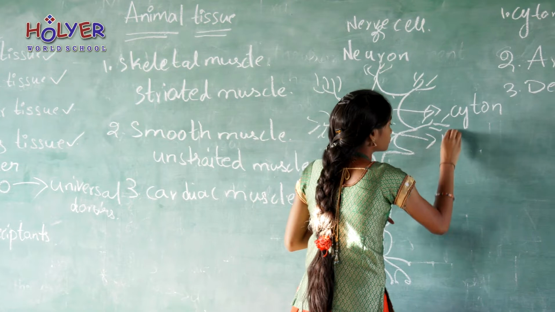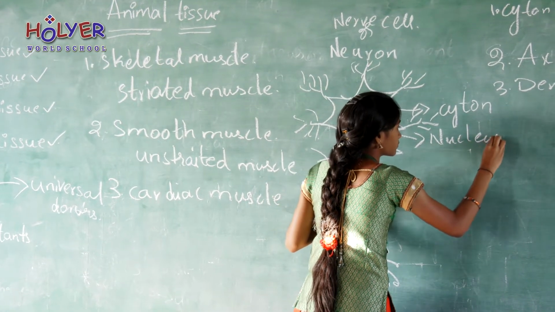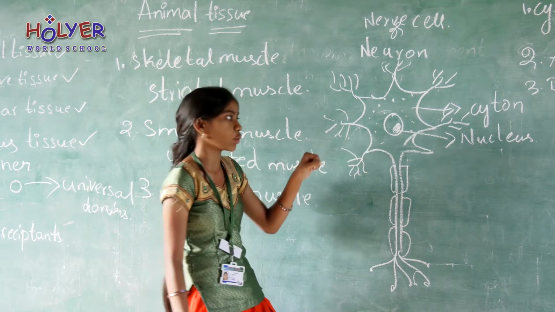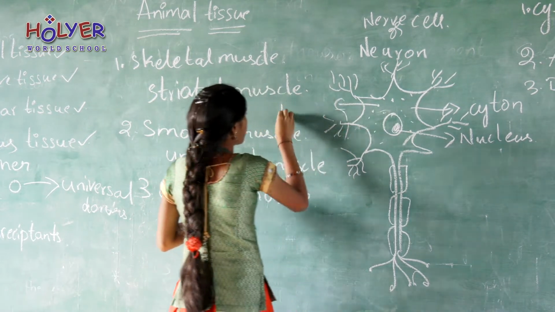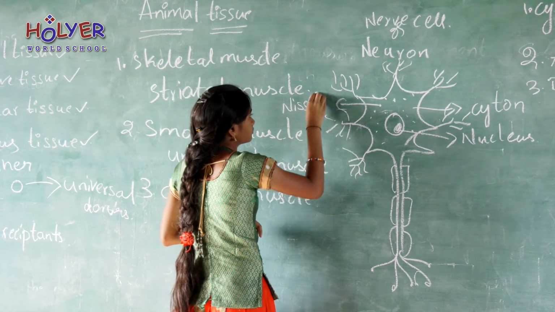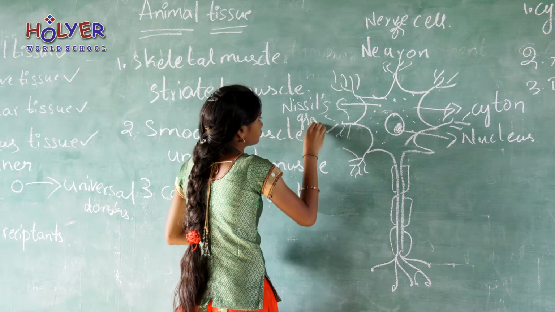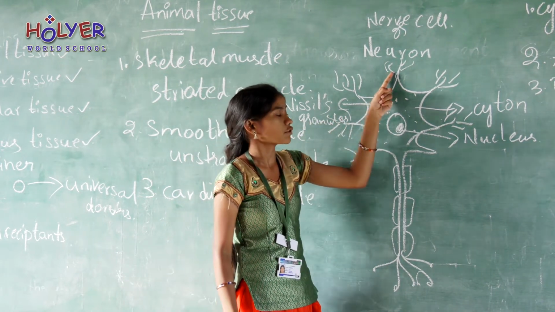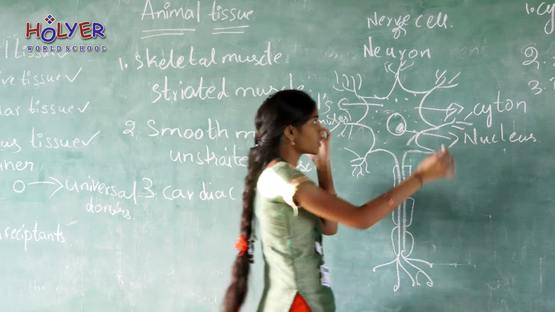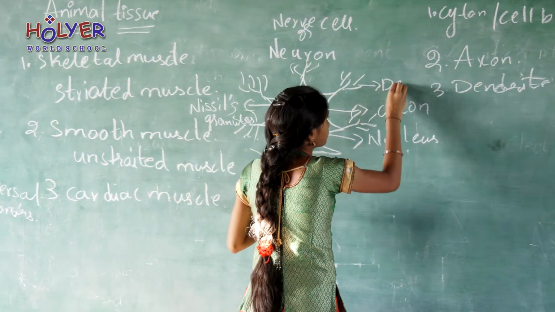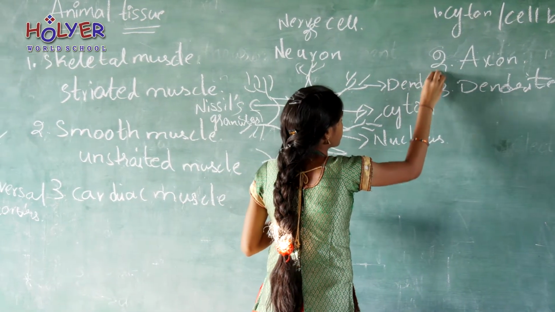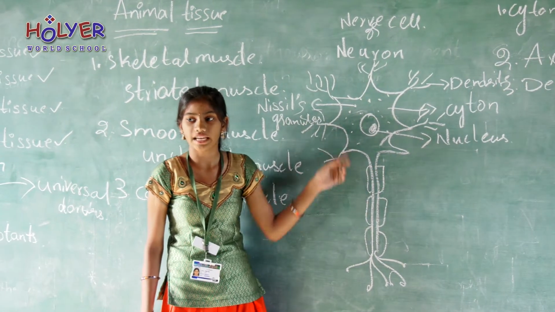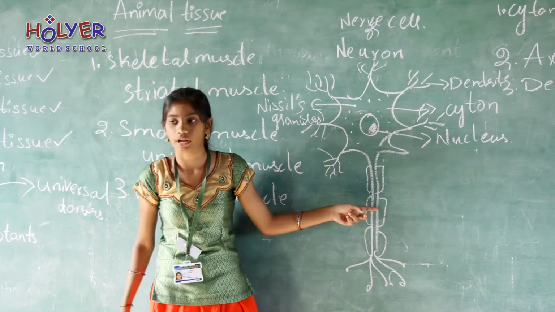And there are small branches. If you observe, there are small projections arising from these cytons, and these are known as the dendrites. Among these, there is a longer projection than the other dendrites, and it is known as the axon.